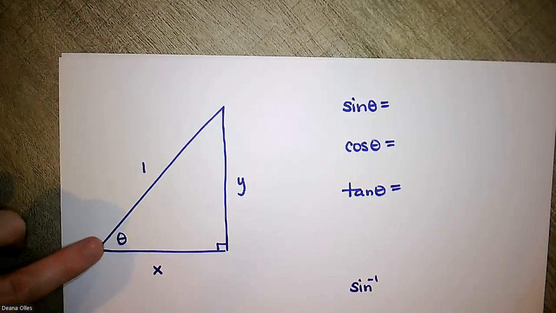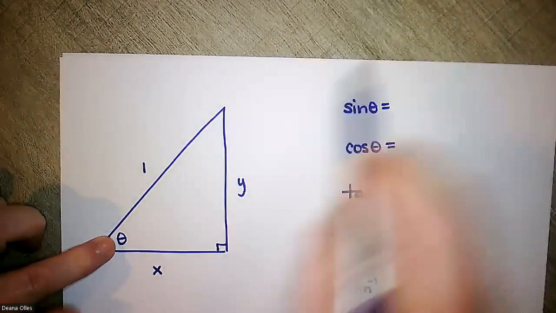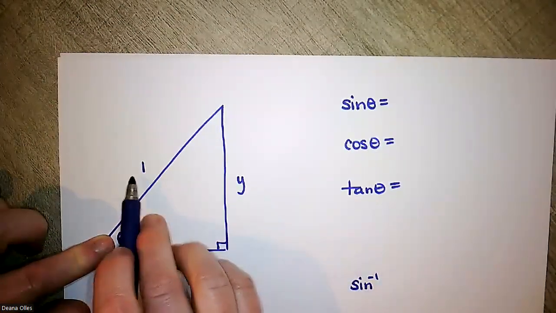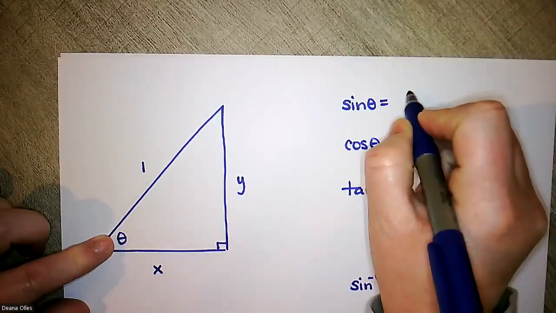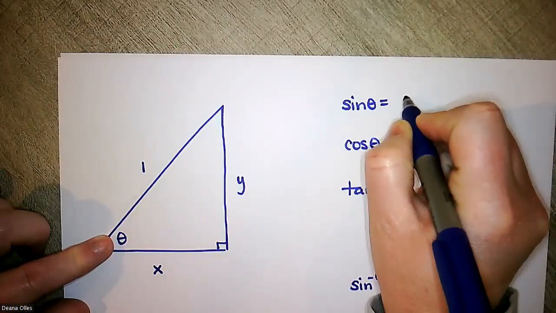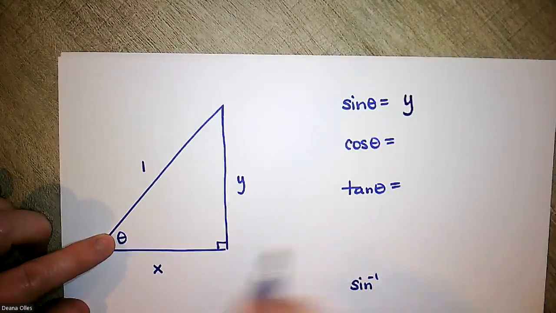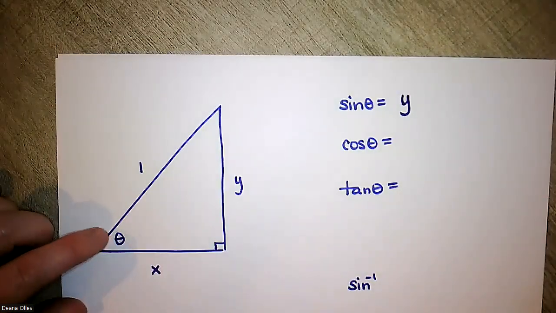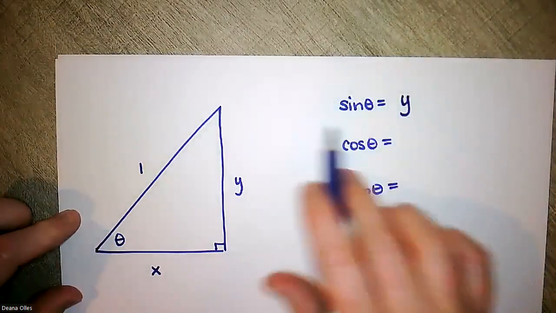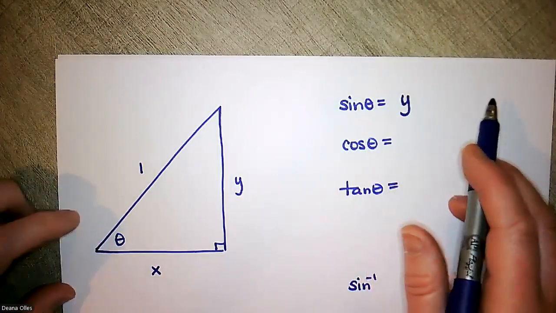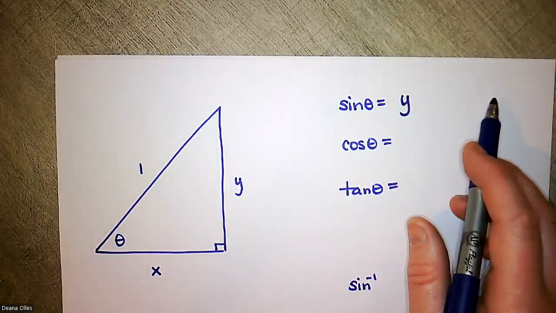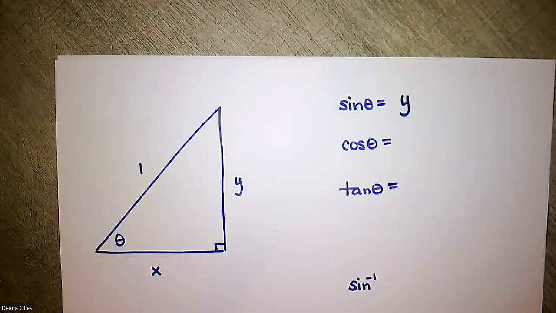If you remember with right triangle trigonometry, we had that acronym SOHCAHTOA. It helps us remember that the sine of an angle theta is opposite over hypotenuse. So we can write this as y over 1, or just y. I did this on purpose because I want to remind us that sine is the y coordinate on the unit circle.